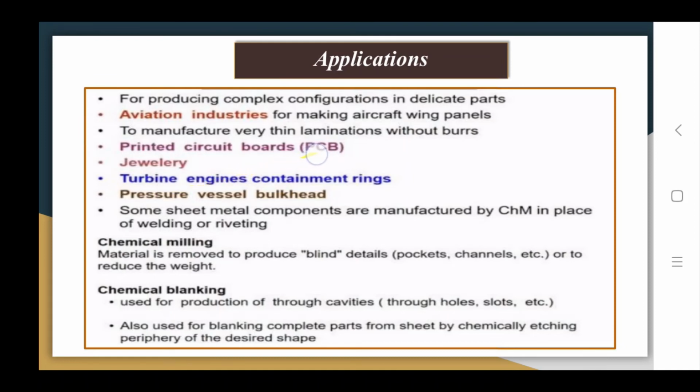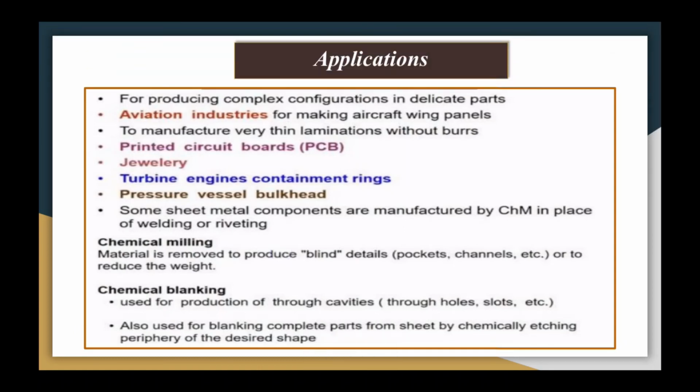For this manufacturing purpose, we can use chemical machining. Some sheet metal components are also manufactured by chemical machining. Another application is chemical milling, where material is removed to produce blind details like pockets, channels, etc., or to reduce weight.